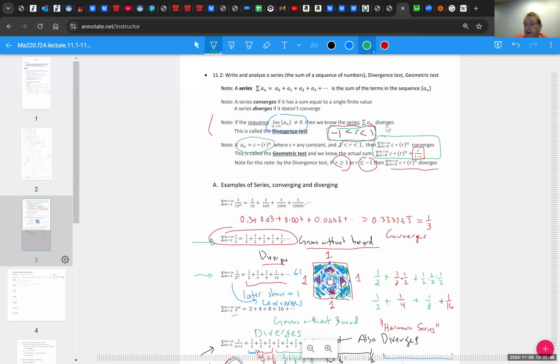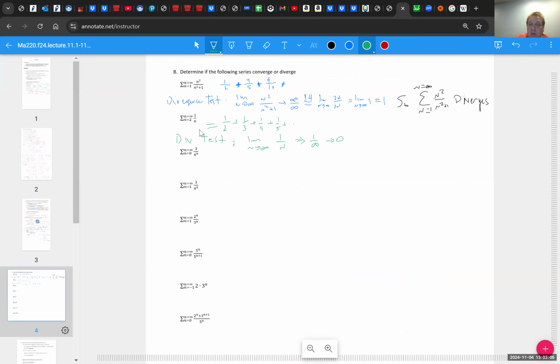So the divergence test, half the time or more maybe, will not tell us if the series diverges, because if the limit does equal 0, we don't know anything. It only tells us something if the limit is not equal to 0. So in our particular problem, our limit is equal to 0.